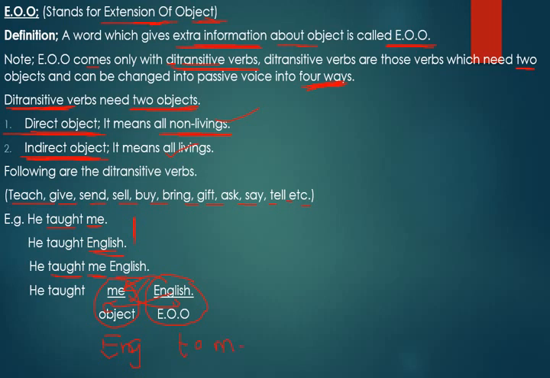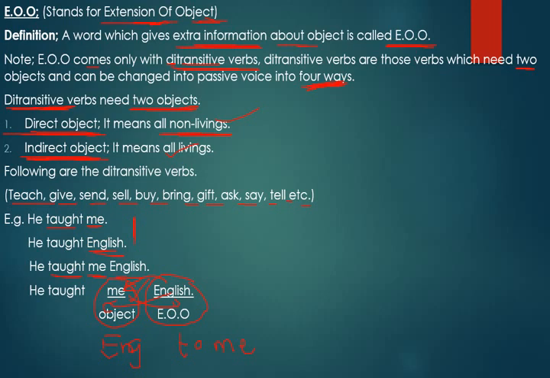There are three prepositions which are used with ditransitive verbs. See, we prefer indirect objects, meaning living, a lot. We bring them at the beginning. We say he taught, me comes, then English comes. But if you say no, I want to prefer the direct object, I want to bring it first and me at the end, then when you are shuffling the places, keep in your mind, we take the support of a preposition. Different verbs take different prepositions.